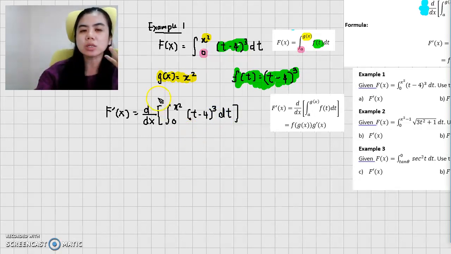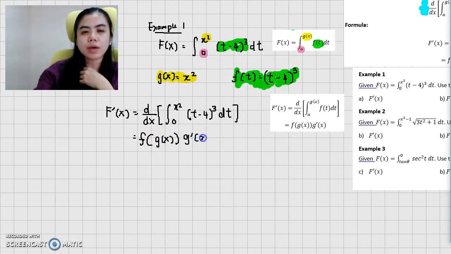Just write the question in brackets, and you put d over dx outside. The next thing you should do is rewrite this: we have the f, and in here we write g of x and multiply with g prime of x.